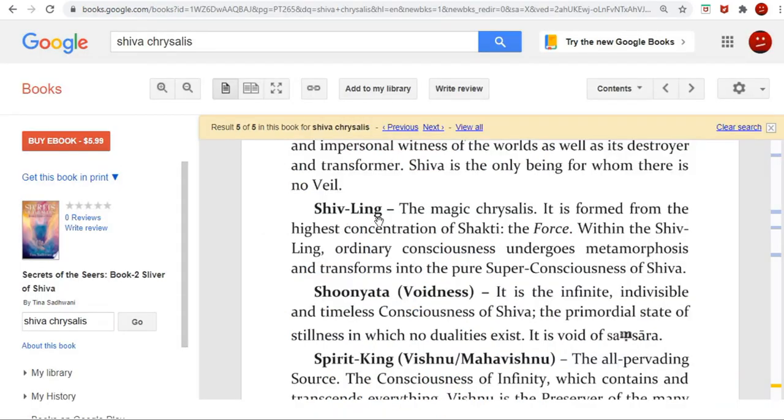So Shiv Ling, that which is in everything, the Ling, the spirit, the magic chrysalis, is formed from the highest concentration of the Shakti. Within the Shiv Ling, ordinary consciousness undergoes a metamorphosis, like a moth does inside of its cocoon, a change from within, and transforms into the pure super consciousness of Shiva.